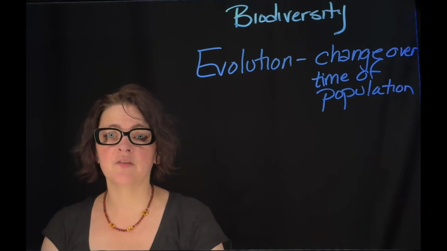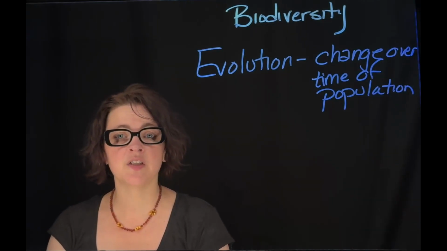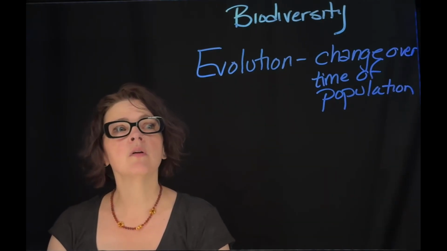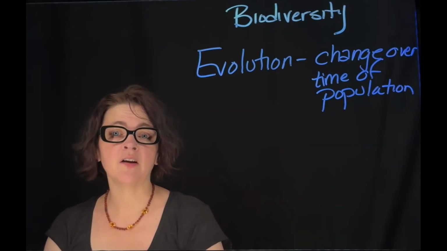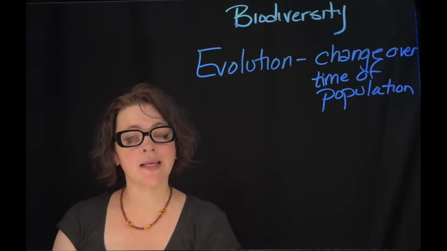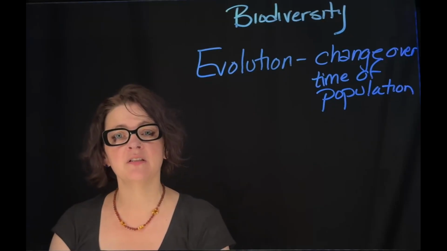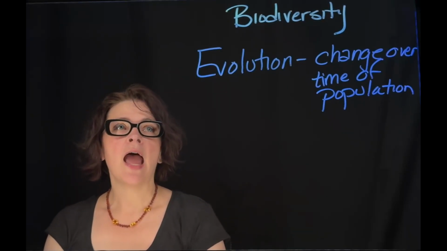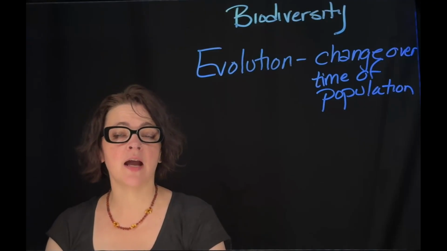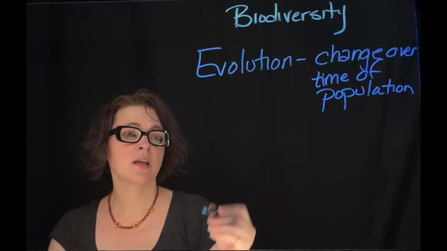When we're looking at evolution, we don't necessarily look at the individual. We're looking at the population as a whole. With evolution, variation in the genetic diversity of that population is going to allow the population to have enough variation to hopefully continue surviving and reproducing.